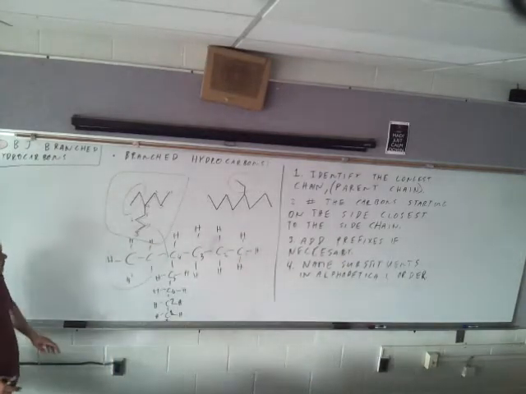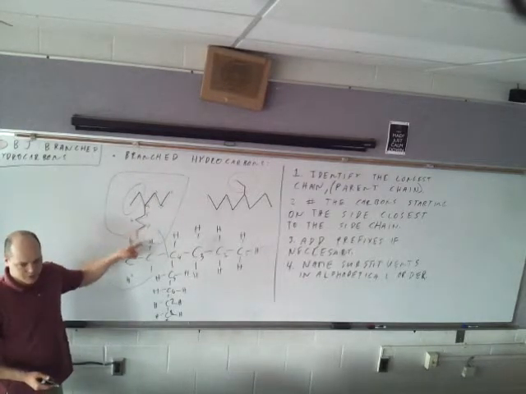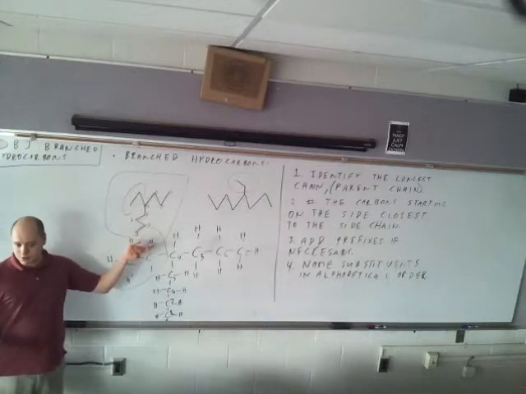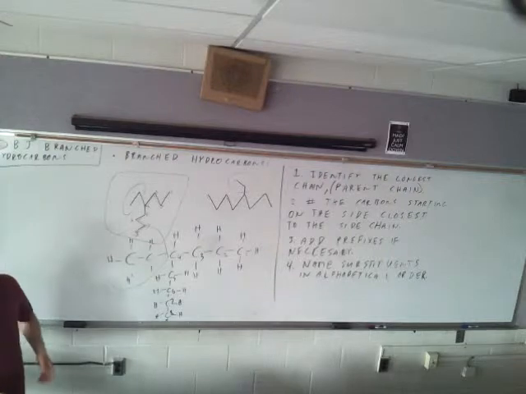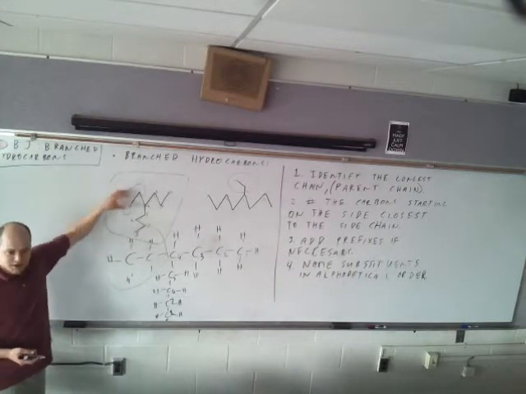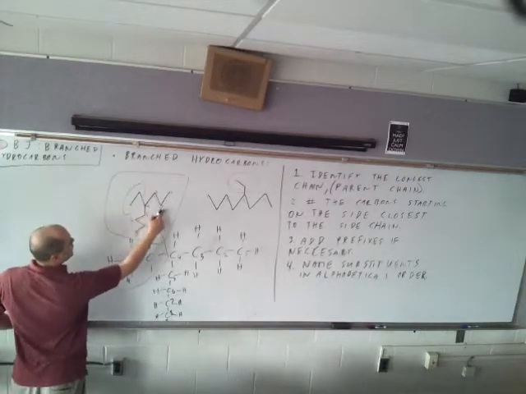All right, so what we have here is 8 carbons on the main chain, the parent chain, so that's going to be called octane. And our side chain has 2 carbons. So since it's got 2 carbons, what do you think we're going to call that? Well, 2 carbons usually eth something, right? So it'd normally be ethane, but since it's a side piece, we call it ethyl. So it's going to be ethyl octane.